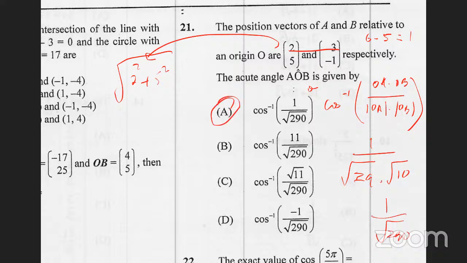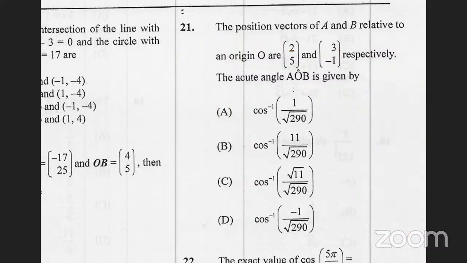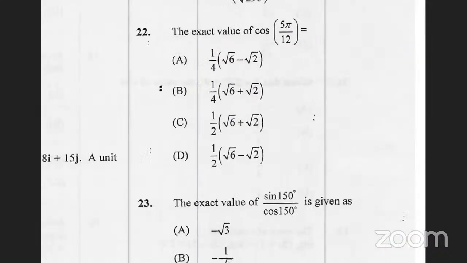Those are repeated questions. I remember there's a document, if I could find it again, with some of the most popular questions. Anyway, cos 5 pi on 12, right? You can just plug that into a calculator and work it out.